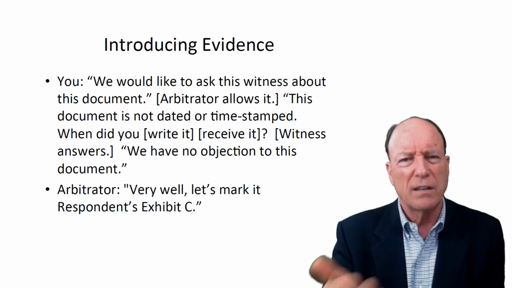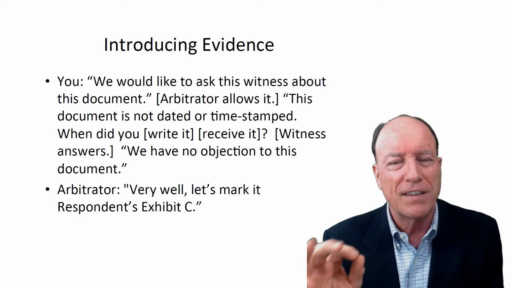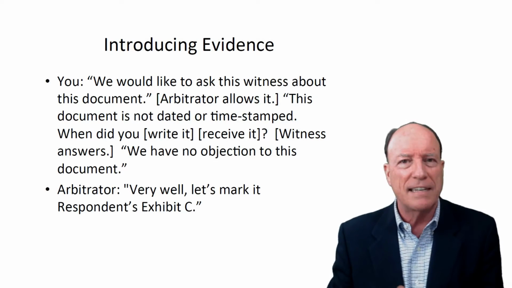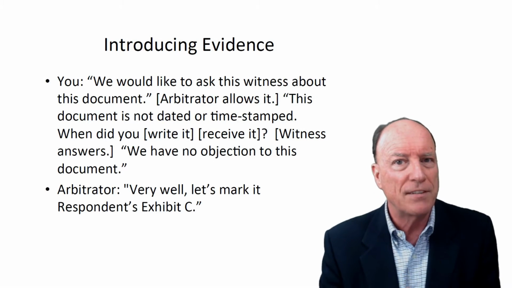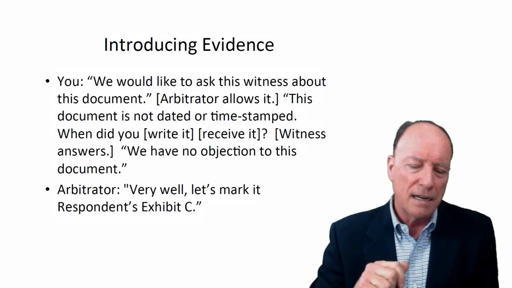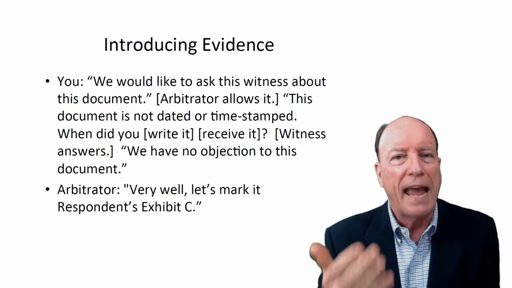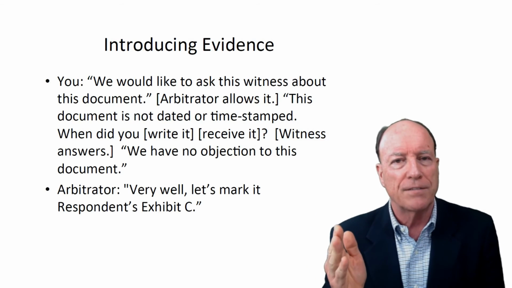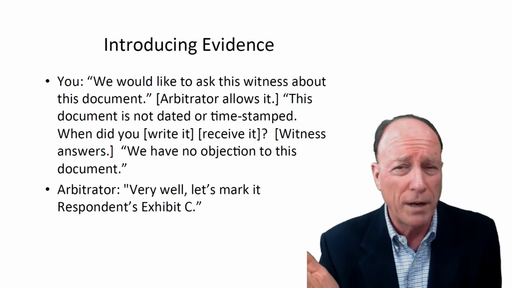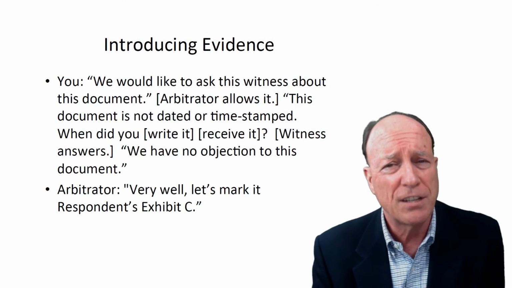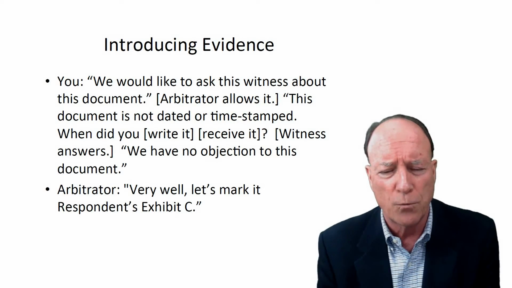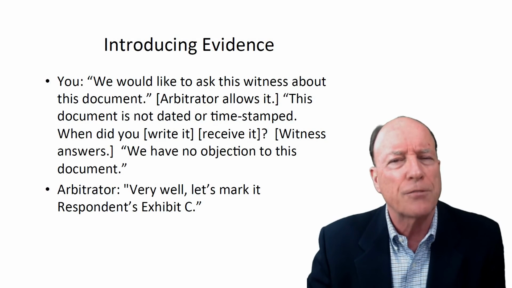You can ask a short series of questions about the document, about its authenticity. If you notice that a date is missing, it's not time-stamped, if it is handwritten, you can certainly ask to confirm any aspect of the document. At which point you might say, we have no objection to this document, and the arbitrator will then rule, very well, let's mark it as Respondent's Exhibit C. And the hearing rolls on.